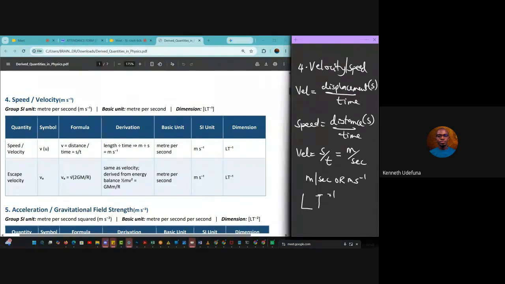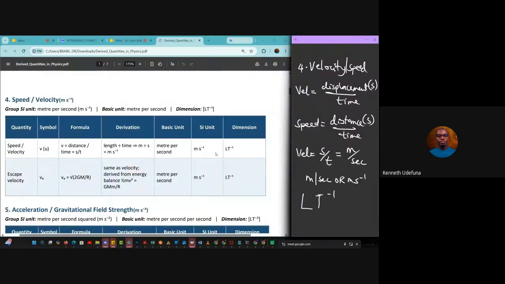Now, what are the quantities that have this dimension? The quantities that have this dimension are speed, velocity, and escape velocity. They all have the same unit of meter per second.